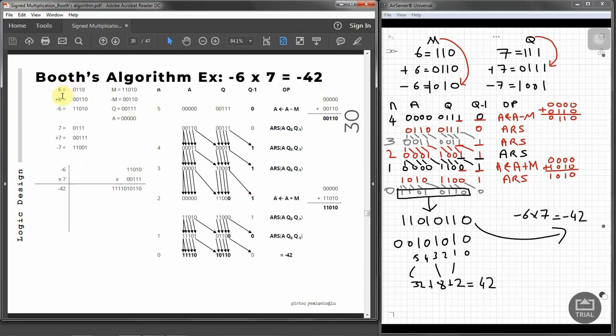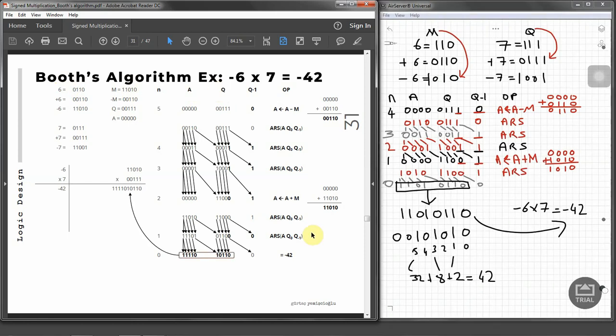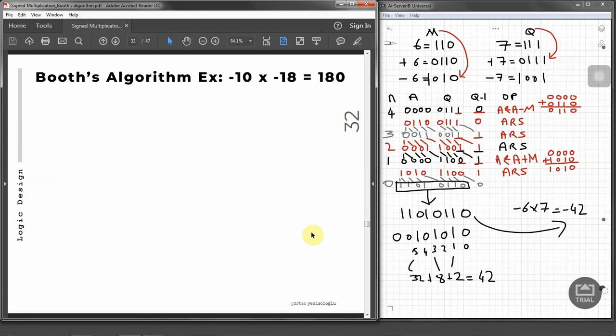I've used another extra bit over there, but as I said, as 6 is 3 bits, you can just use 110 and add another sign bit, but this is done with 4 bits. It's up to you. In the end, the most important part is A, Q, and M have to have an equal number of bits.